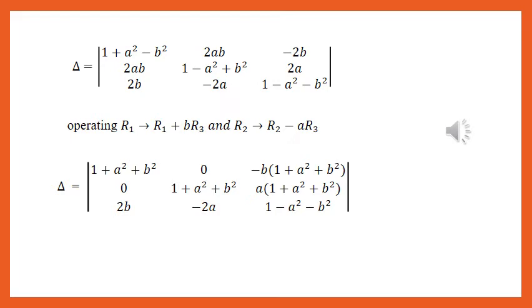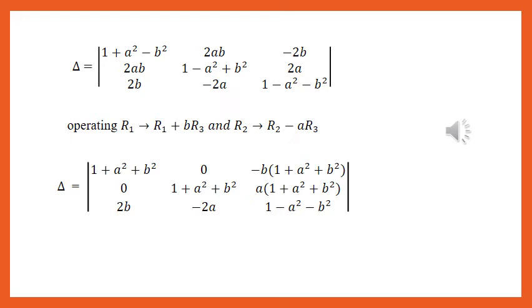Similarly, the third element of the second row is 2a minus a of 1 minus a square minus b square. On simplification, we get a into 1 plus a square plus b square. Now, the third row elements are as it is: 2b, minus 2a, 1 minus a square minus b square.